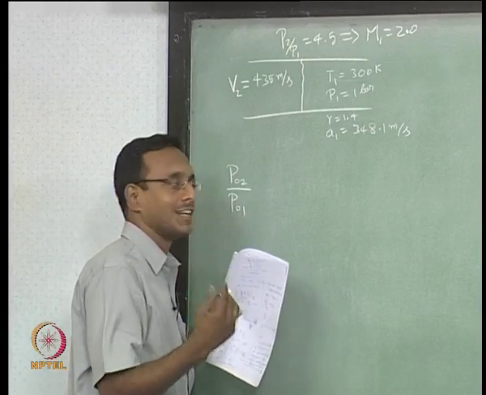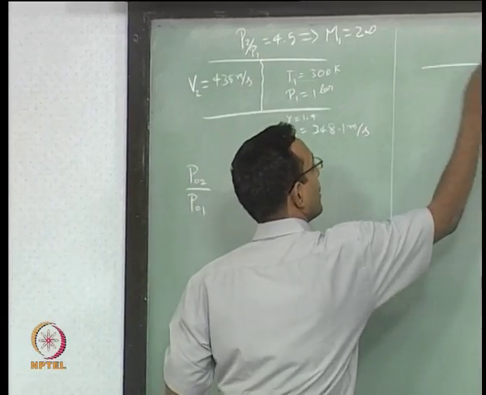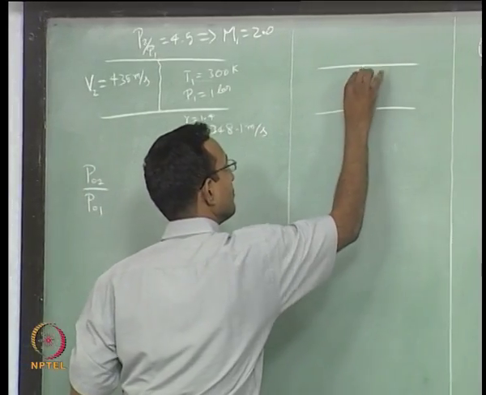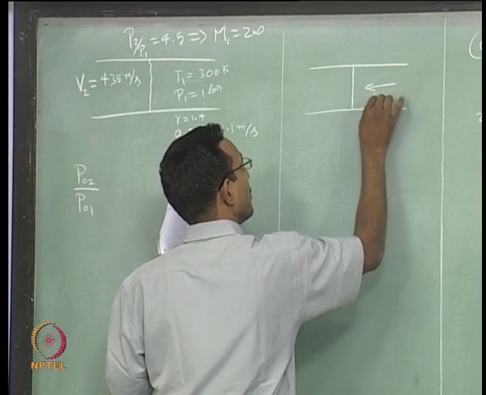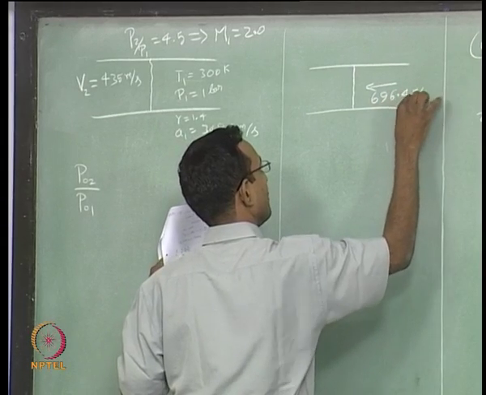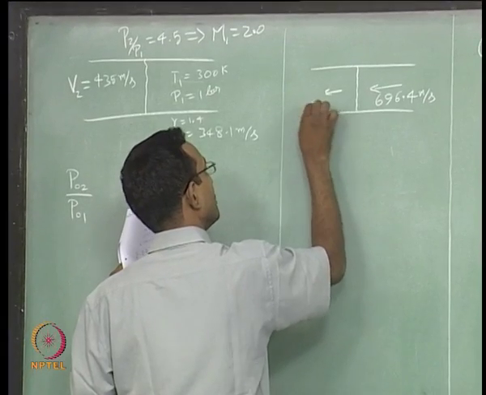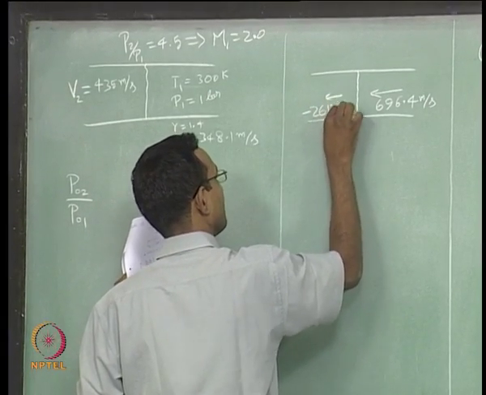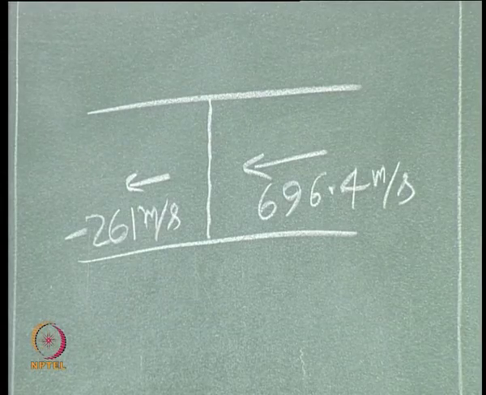Just for an instance, let us say I will put a parallel shock fixed coordinate system. Shock fixed coordinate system, my U1 was minus 696.4 meter per second, and my U2 was minus 261 meter per second. This is what we had. This is all same problem, I am just repeating it.